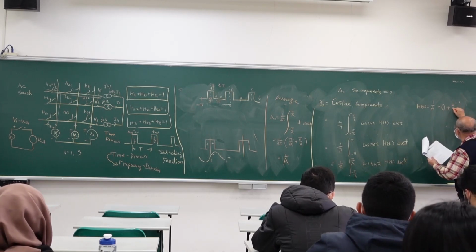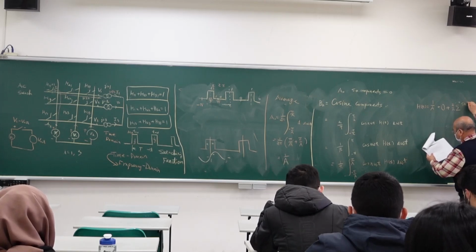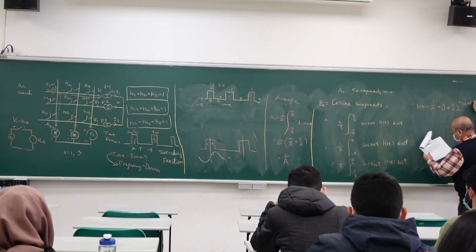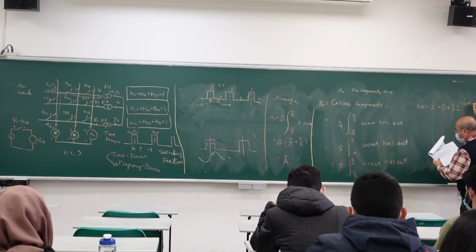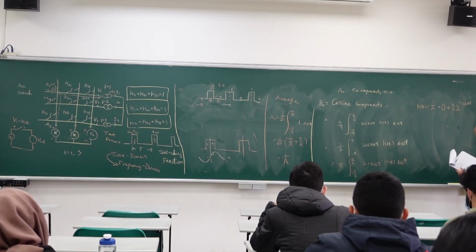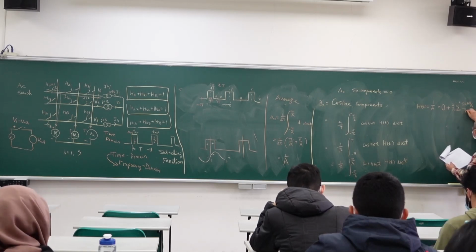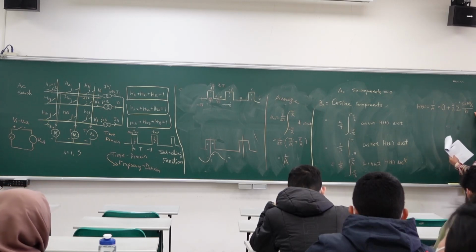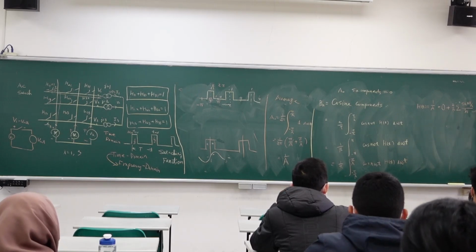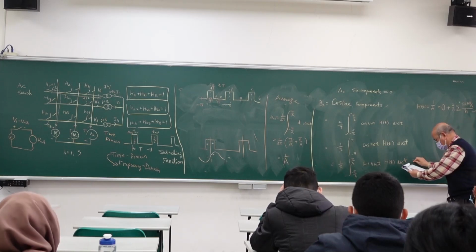Bn is 2 over n pi times sine of n pi divided by a, and then cosine n omega t. So we calculate the value. We can copy the value. The value finally is here.